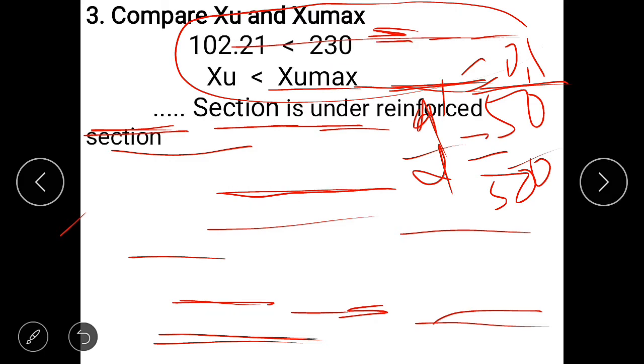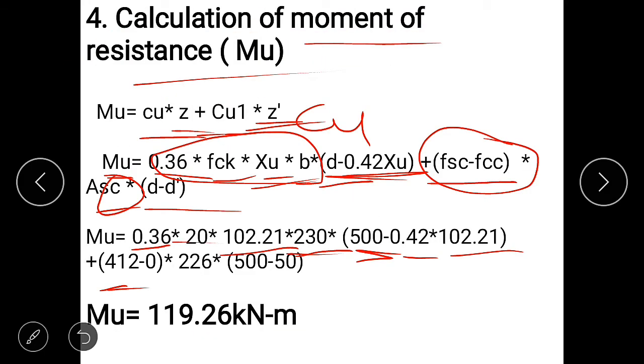So from this we take FSC is 412 and FCC is 0, into ASC is 226, already given, into D is 500 minus D dash is 50. D dash is also called the cover. So 50, and solving this we get Mu.